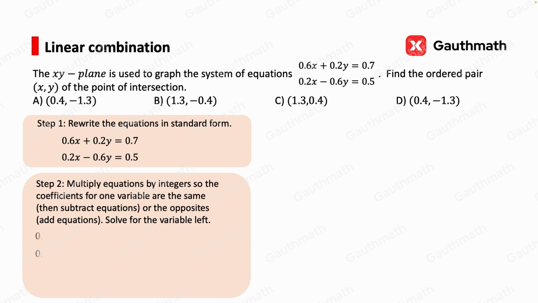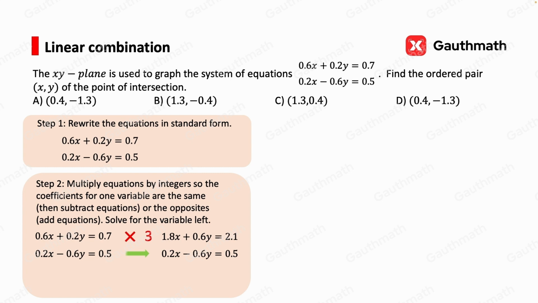So these are the two original equations. When we look at the coefficients of x and y, we realize if we multiply the first equation by 3, that turns into 1.8x plus 0.6y equals 2.1. The coefficient of y in the first equation is 0.6, in the second equation is negative 0.6.